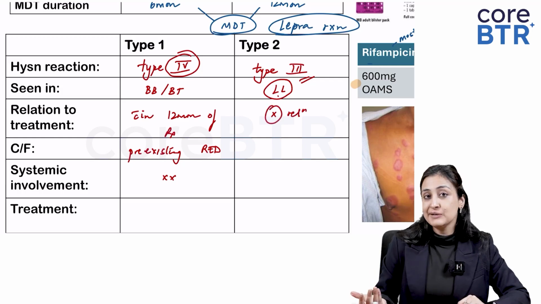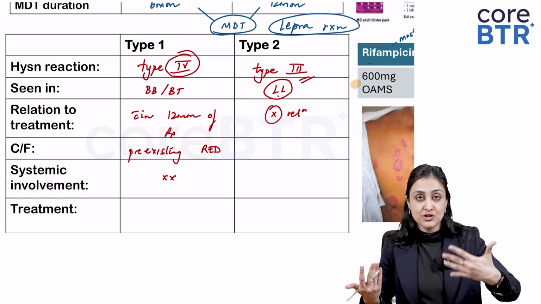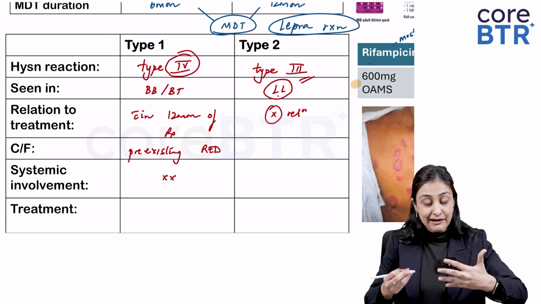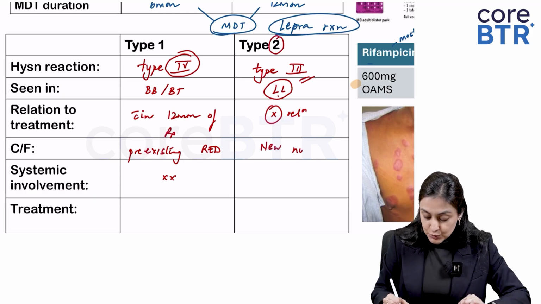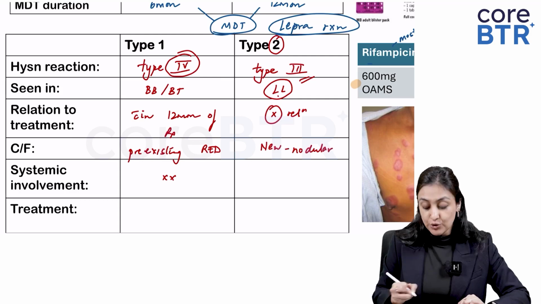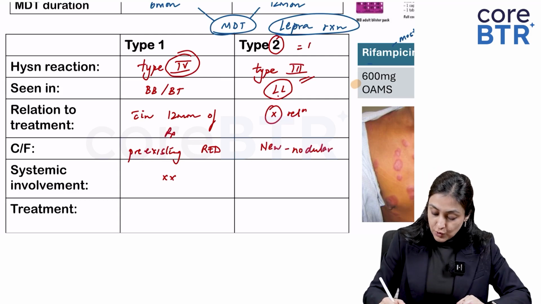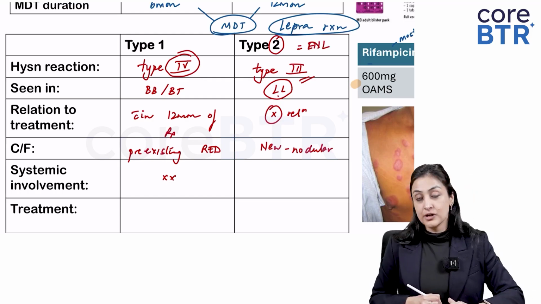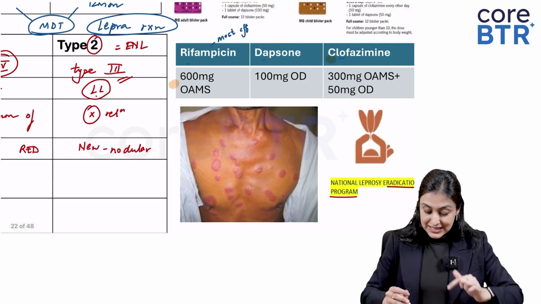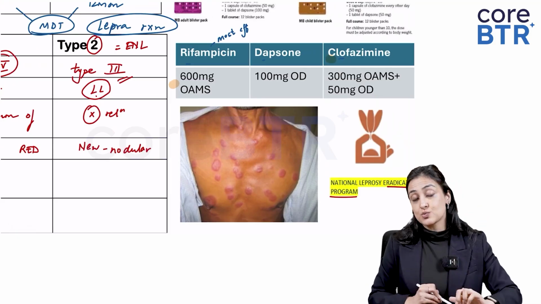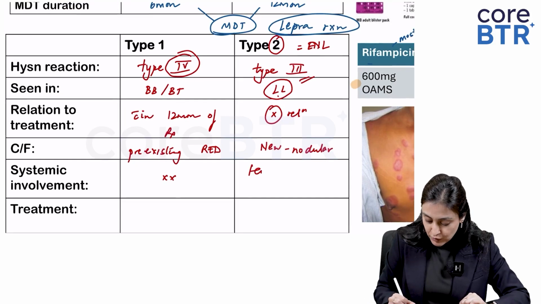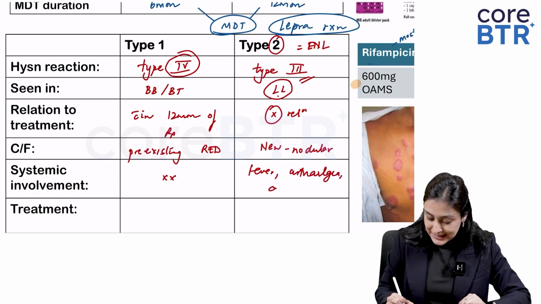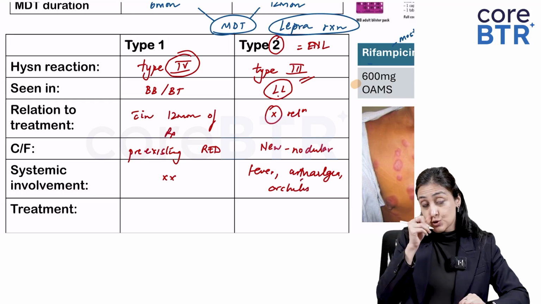You have such bad immunity, your Th2 is exaggerated, and because of that you are having new lesions. So type 2 is new. What kind of new lesions? New nodular lesions. This is called erythema nodosum leprosum. The patient will tell you that there are these new lesions which are happening now. These happen along with systemic involvement like fever, arthralgia, you may have orchitis. So this is what is type 2.